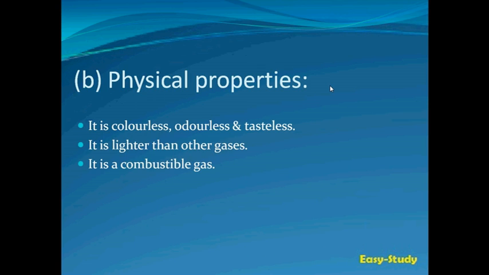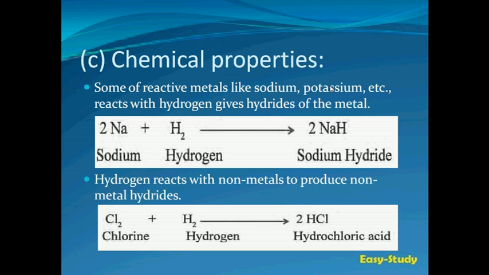Physical properties of hydrogen. It is colorless, odorless and tasteless. It is lighter than other gases. It is combustible gas. Chemical properties. Some reactive metals like sodium, potassium, etc. react with hydrogen and give hydrides of the metal.